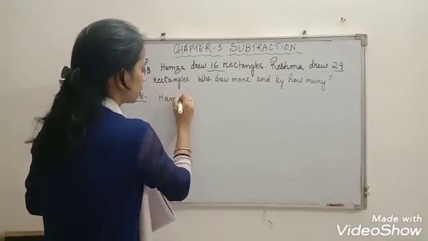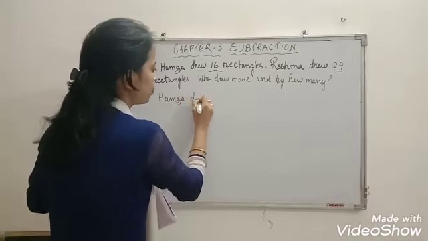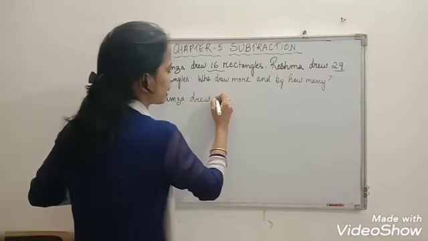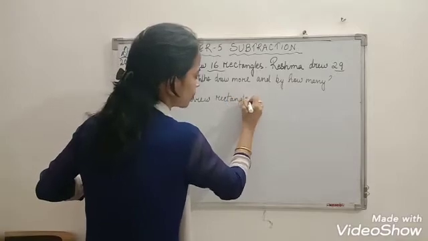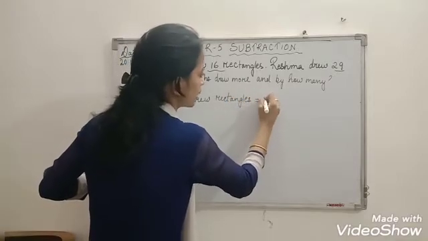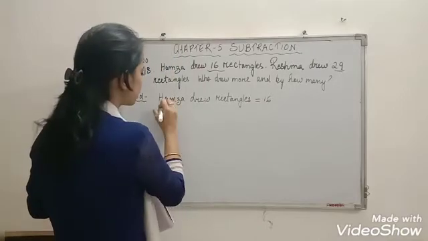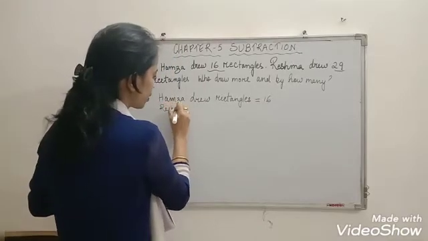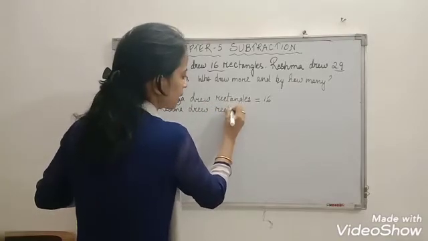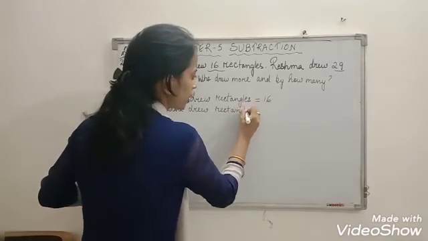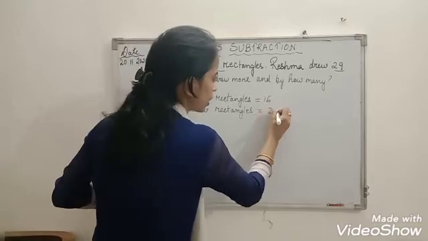Hamza drew rectangles equal to 16. Reshma drew rectangles equal to 29.